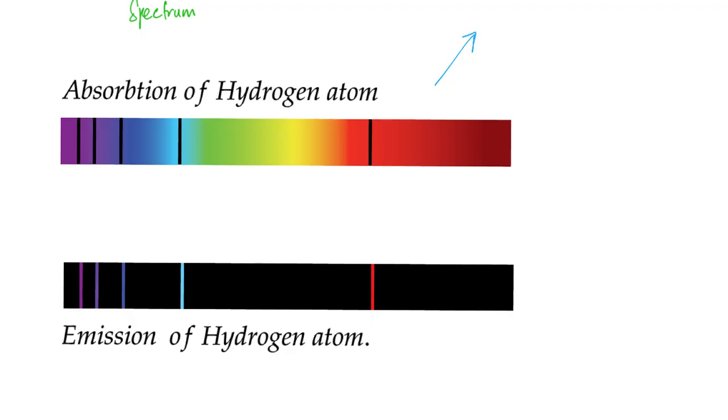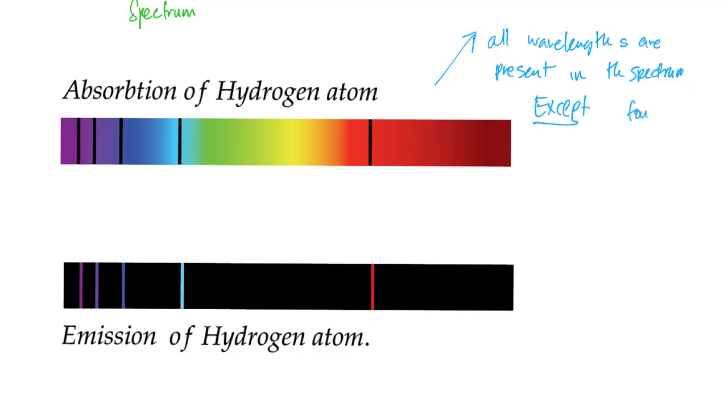So make a note there. All wavelengths are present in the spectrum except 4 distinct wavelengths. And the same wavelengths that hydrogen emits from a gas discharge tube or from that photo tube are missing in the line absorption spectrum. So look here what's missing.